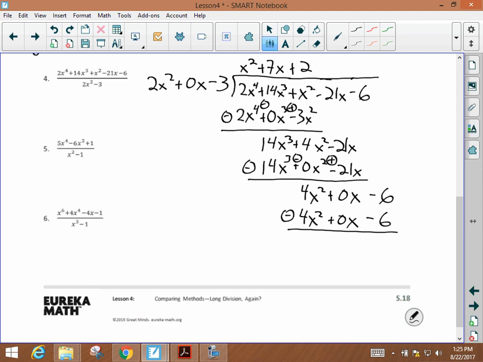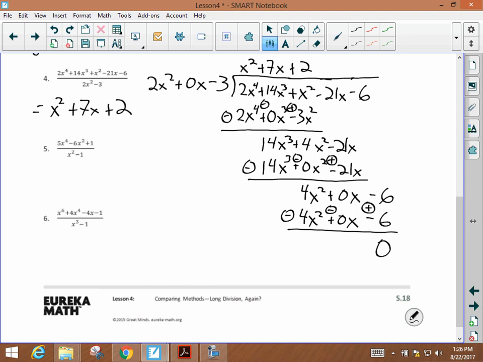And we're in business. So now you know what it looks like when you make a mistake, and you know how to fix it, right? Boom. So there's our answer, and this is equivalent to x squared plus 7x plus 2.